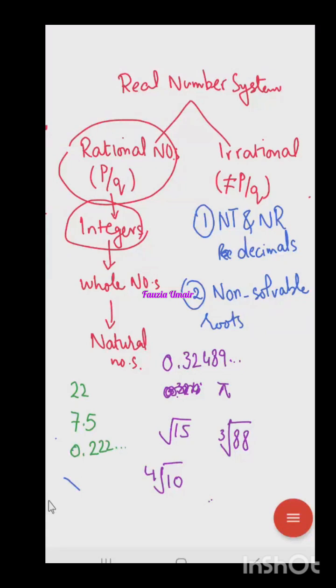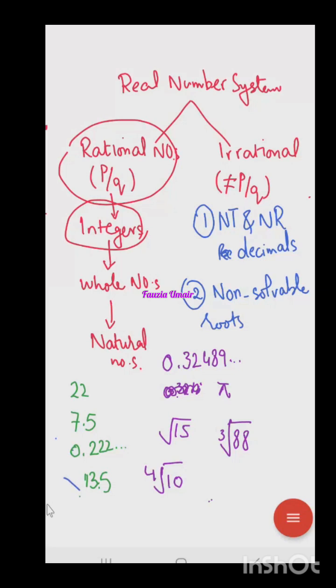Excellent. So Jazim, 13.5. All right. So Manal, 3/4. 3/4.